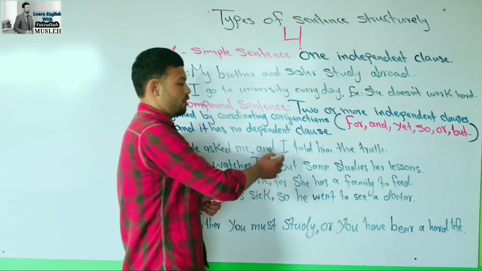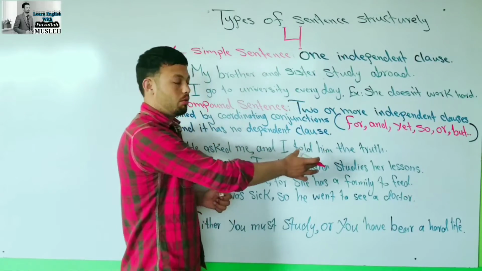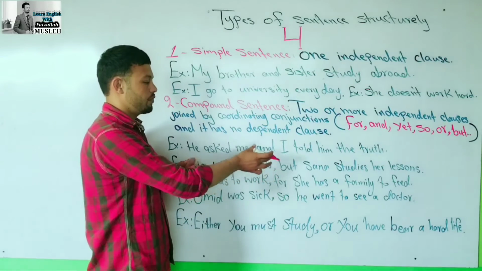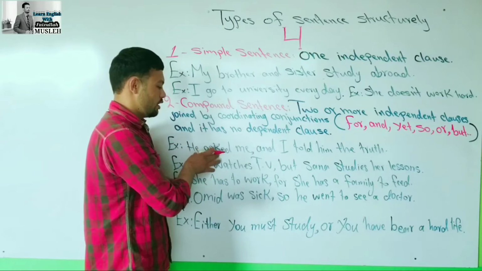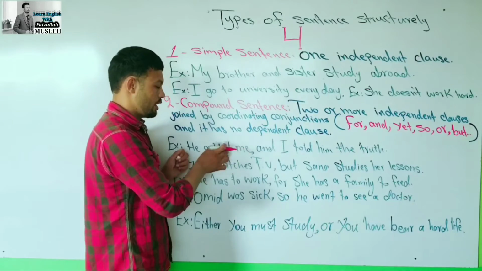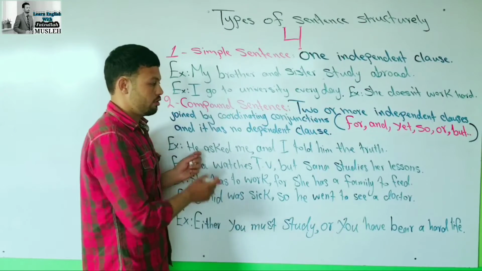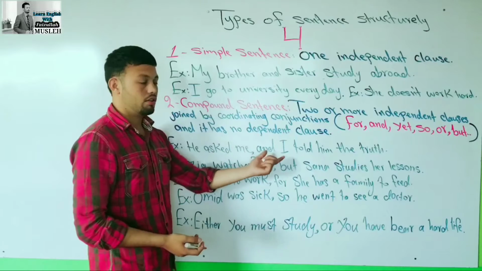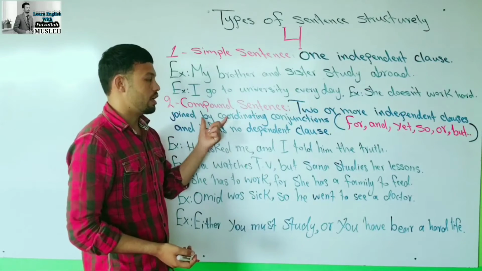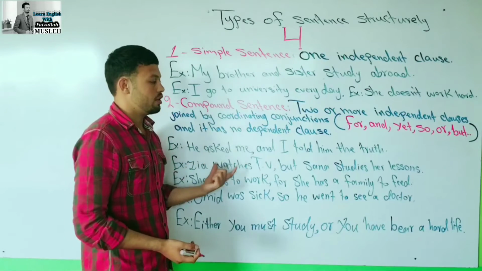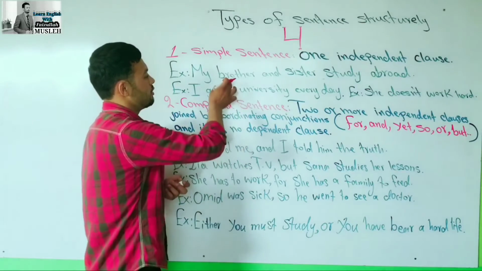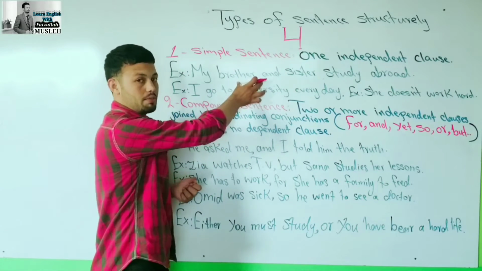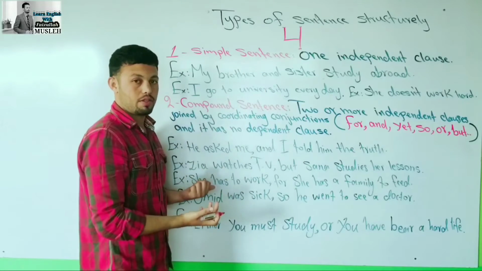This part has a complete meaning without needing the other part, and this part also has a complete meaning. So together they are called a compound sentence. Why? Because there are 2 sentences. Like here, 2 sentences make a compound sentence.